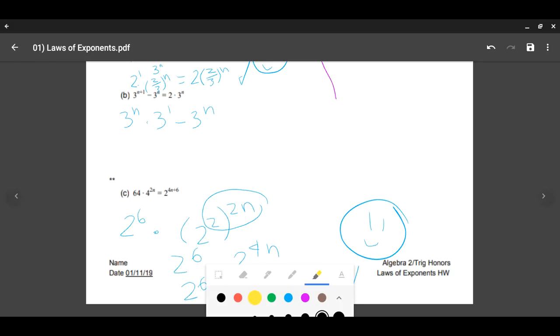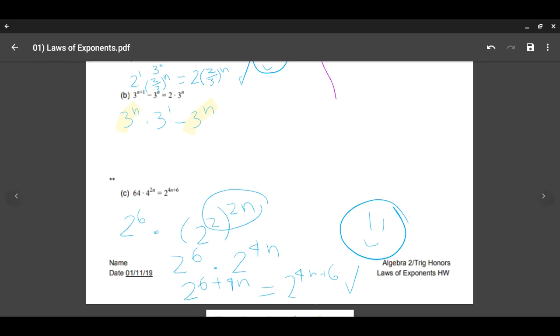So they have a common factor. You could factor out a 3 to the n. You'd be left with 3 to the first minus 1. And that's actually the key to this problem, because 3 to the first minus 1 is 2. And that's the fastest way to get this. This one was a little bit tricky.